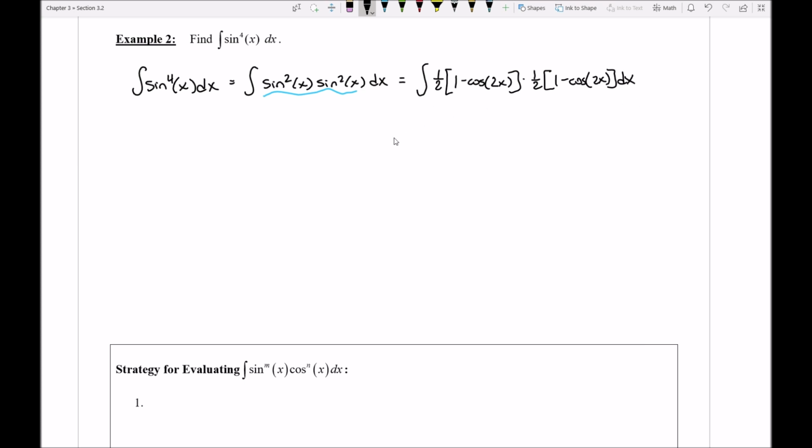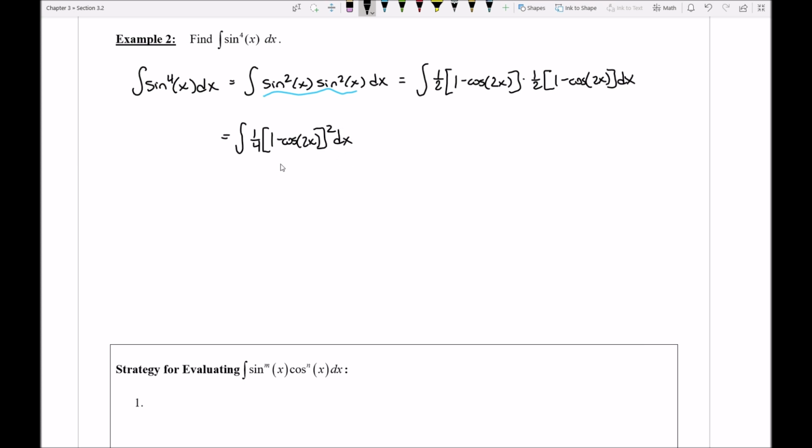Now, of course, once I have this, this looks just like a gigantic mess. I can simplify it down a little bit, right? I can express this as a 1/4 times this 1 minus cosine of 2x, squared.